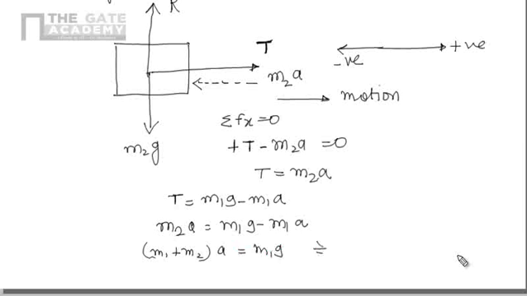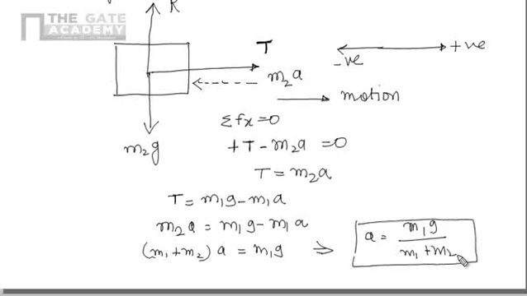Now you can write a equals m1g divided by (m1 plus m2). This is the desired expression for a in terms of m1, m2, g. So the correct answer is a equals m1g divided by (m1 plus m2).